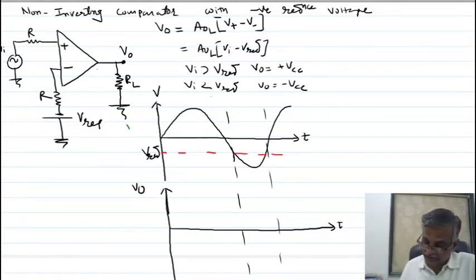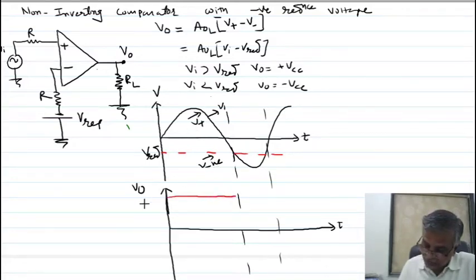So clearly, up to this time, from here to here, this is my input signal, or it is better to write this as your V plus voltage and this as your V minus voltage. Here V plus is more than V minus, so my output is positive. So this is plus VCC I will get, or it is written as the V saturated voltage.